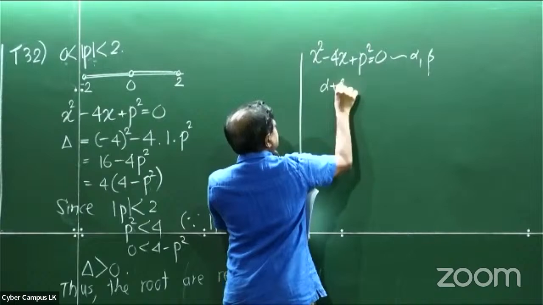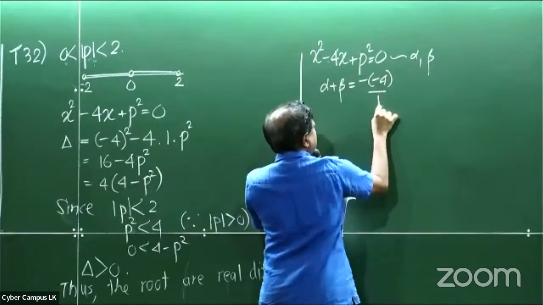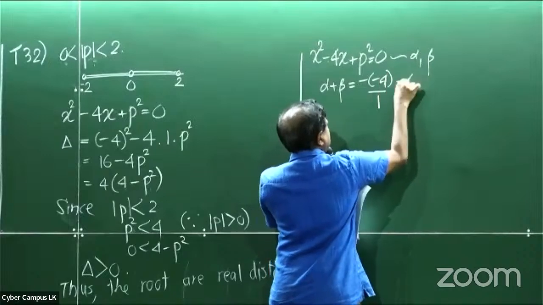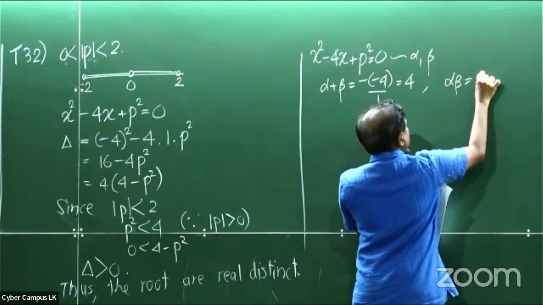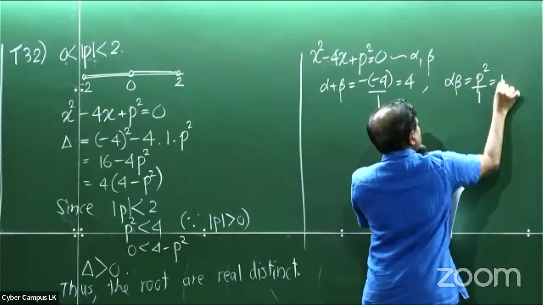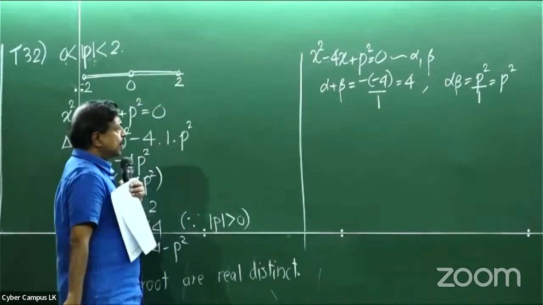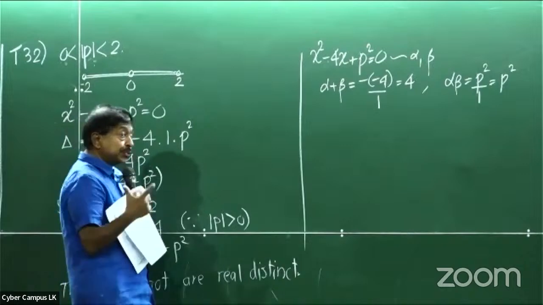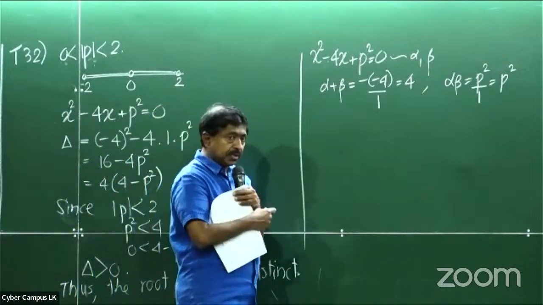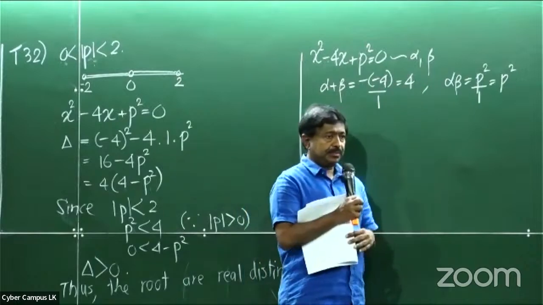We can find alpha plus beta: minus of this value divided by 1, which is in fact 4. You can straight away write alpha beta as p squared. Now those are the values for alpha plus beta and alpha beta. Now you need to show that the roots are positive. To show that the roots are positive, you need to show that both of them are positive.